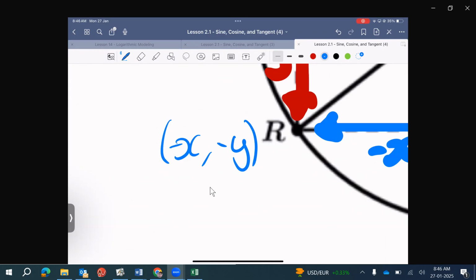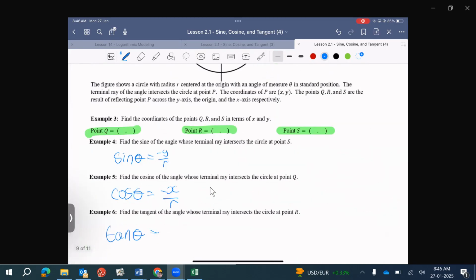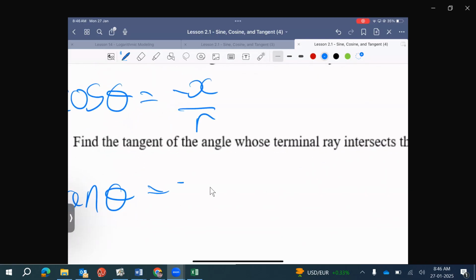Sine divided by cosine. So what about the dilation? It's going to be -y divided by R all over -x divided by R. Now the minus signs cancel out, the R's cancel out, leaving y/x.